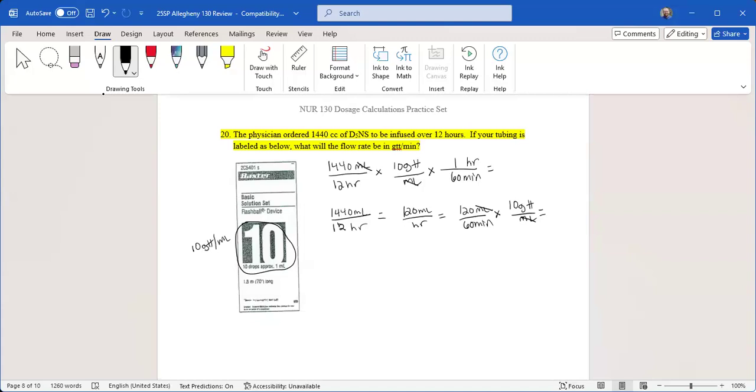The other thing is you can take your 12 hours times 60 minutes, and that'll give you 720 minutes. So you can do that as a prep step. So 1440 ml over 720 minutes times your drop factor, which is 10.